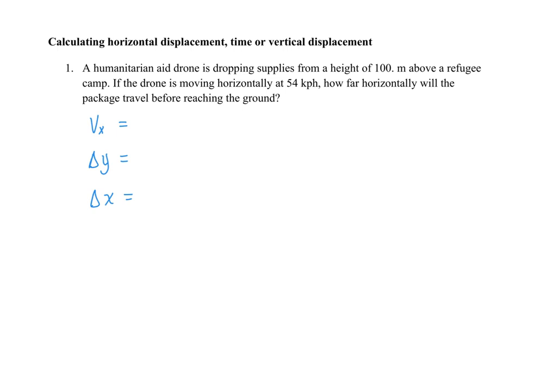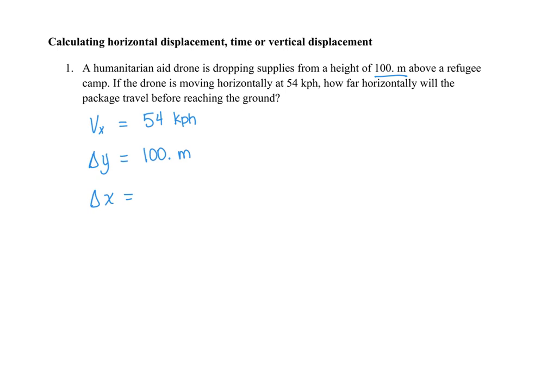So it says a humanitarian aid drone is dropping supplies from a height of 100 meters. That height is going to be my change in y. It's above the refugee camp. If the drone is moving horizontally at 54 kilometers per hour, they just gave me my initial velocity horizontally, 54 kilometers per hour. How far horizontally will the package travel before reaching the ground?